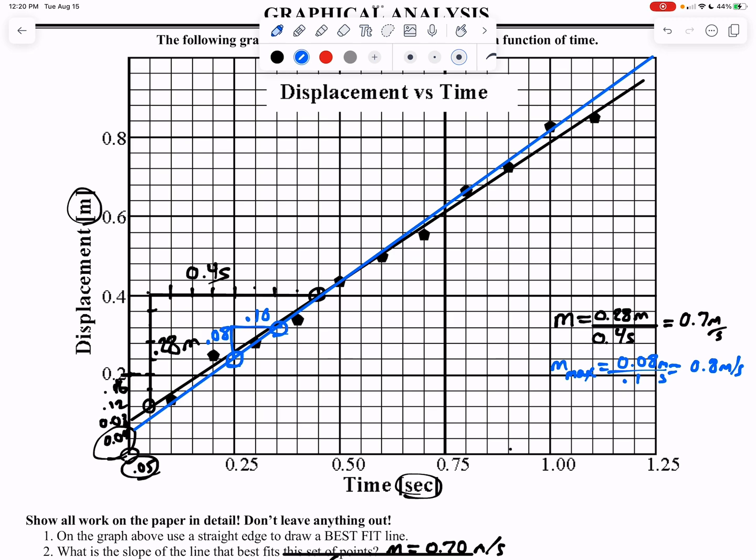Now the min slope, same concept. I'm going to use a different color here. Let me do gray, I guess. So I'm going to go from kind of a higher data point to kind of a lower data point on this side, right? So same idea, other way.